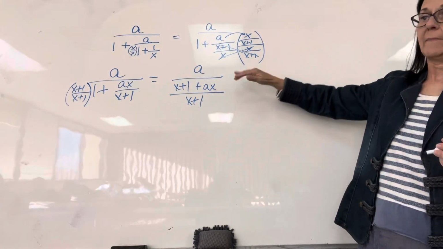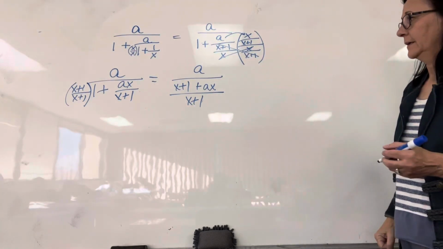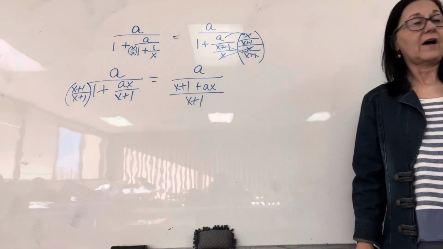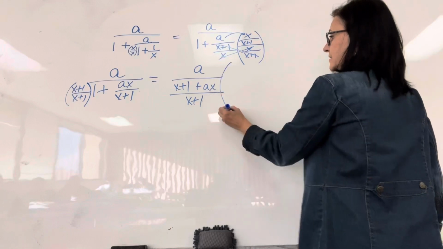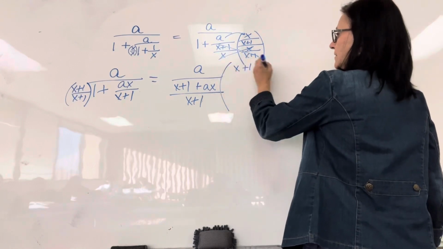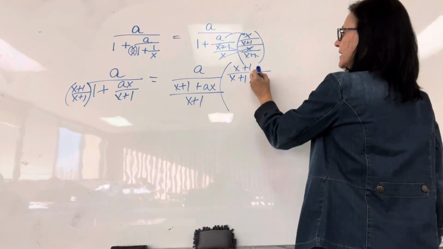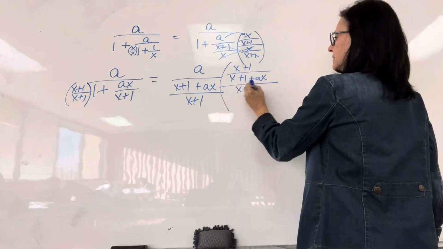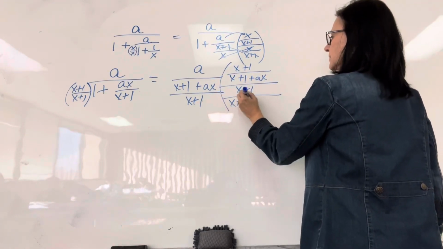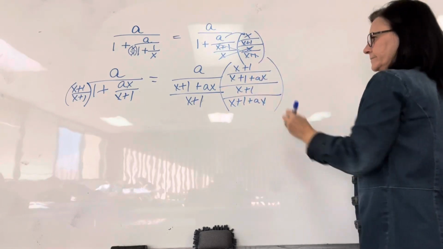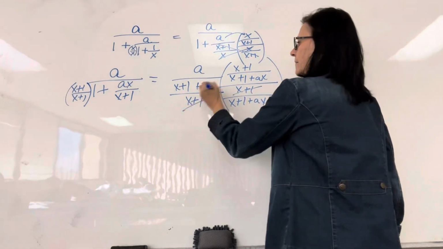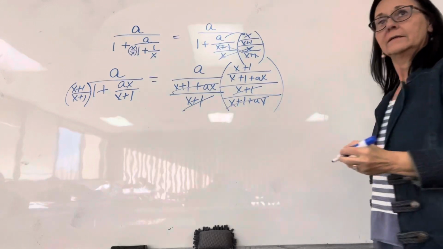Now I'm going to multiply by the reciprocal. And I will have simplified this fraction. X plus 1 over X plus 1 plus AX over X plus 1, X plus 1 plus AX. My denominator eliminates.